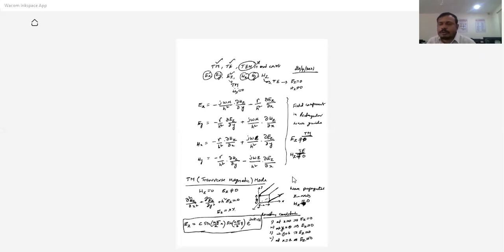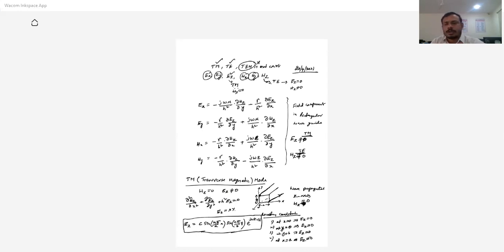Now we need to write the remaining 4 components for the TM mode. We need to write all 6 equations, in either TM mode or TE mode. Six equations means the EX component, EY component, EZ component, HX, HY, and HZ.